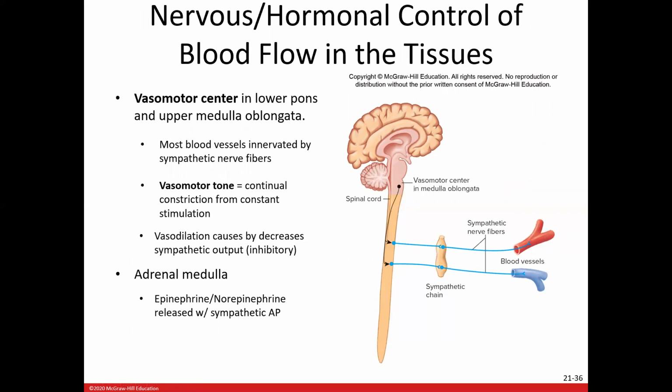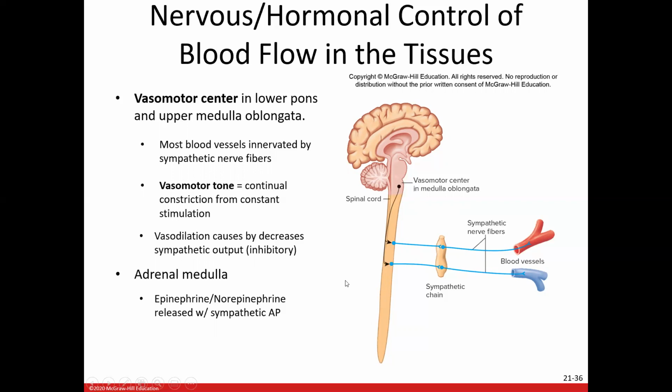And the idea is that this vasomotor center connects to all of the blood vessels, the arteries and veins, through the nervous system, and is able to contribute sympathetic impulses to do what's called vasomotor tone. And that, much like your muscle tone and your venous tone, is just that there's this constant constriction because these blood vessels are being continuously stimulated by the sympathetic nervous system.